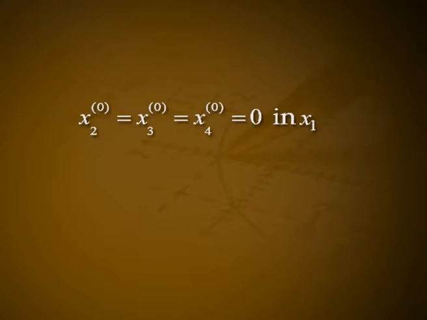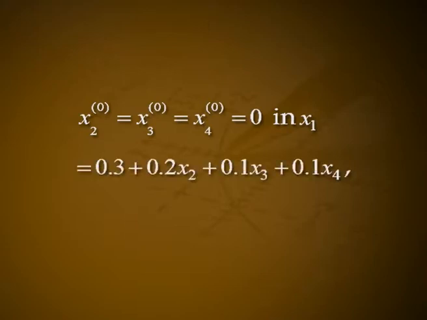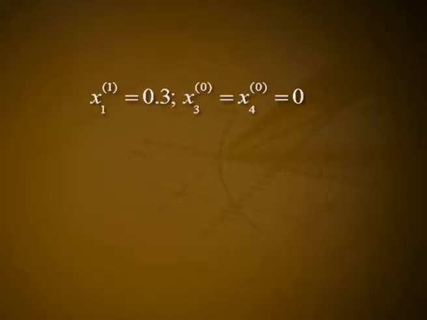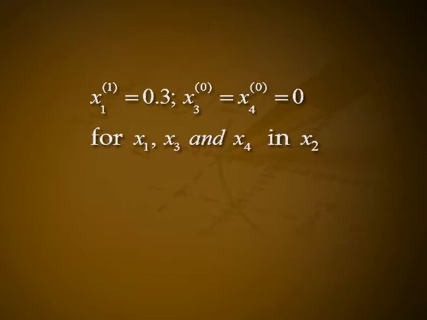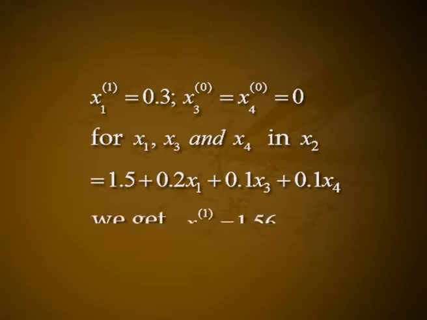Putting x2(0) equal to x3(0) equal to x4(0) equal to 0 in x1 equal to 0.3 plus 0.2 x2 plus 0.1 x3 plus 0.1 x4, we get x1(1) equal to 0.3. Then putting x1(1) equal to 0.3, x3(0) equal to x4(0) equal to 0 in x2 equal to 1.5 plus 0.2 x1 plus 0.1 x3 plus 0.1 x4, we get x2(1) equal to 1.56.